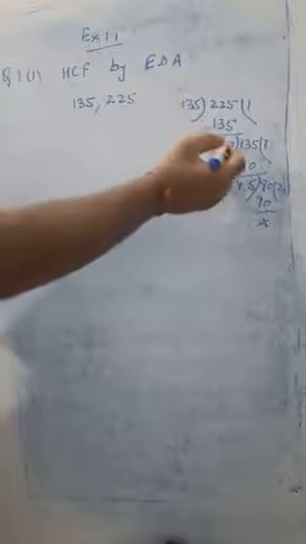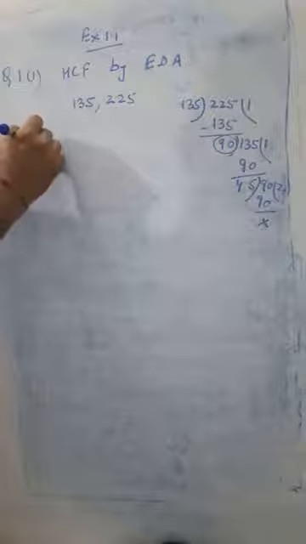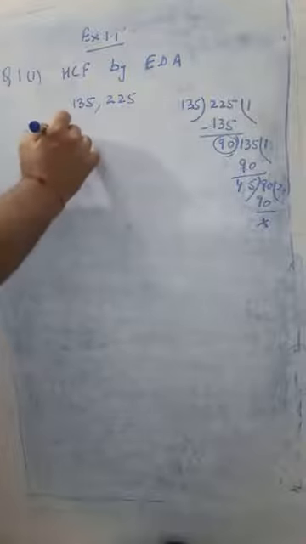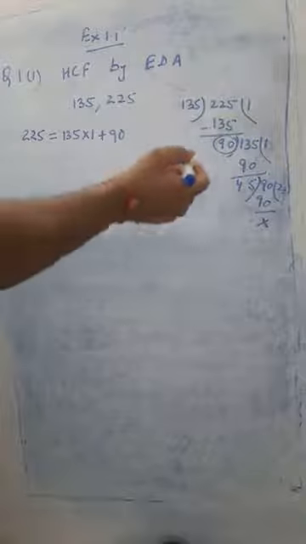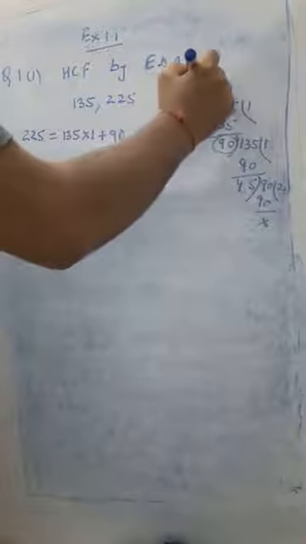So we can see that when we divide 225 by 135, the remainder is 90. It means that in first part, 225 is written as 135 into 1 plus 90. So we can see that a is equal to bq plus r.